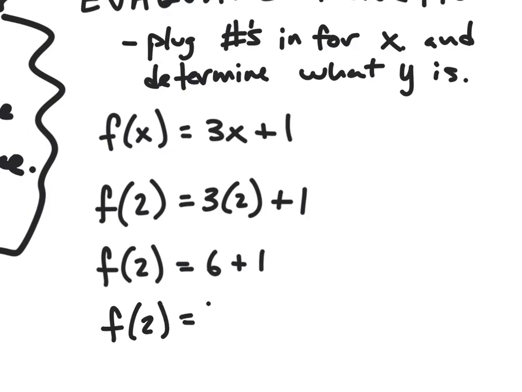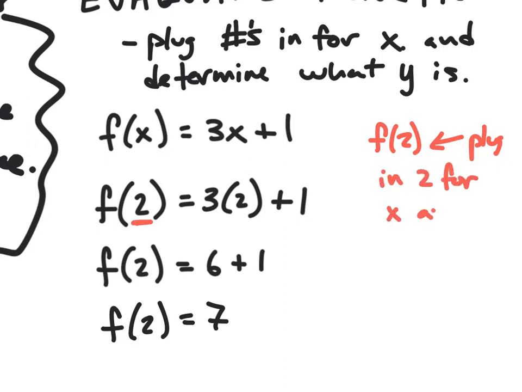Okay, and what I'm doing is I'm evaluating. When I write f of 2, that means that I'm plugging in 2 for x and getting y, okay?